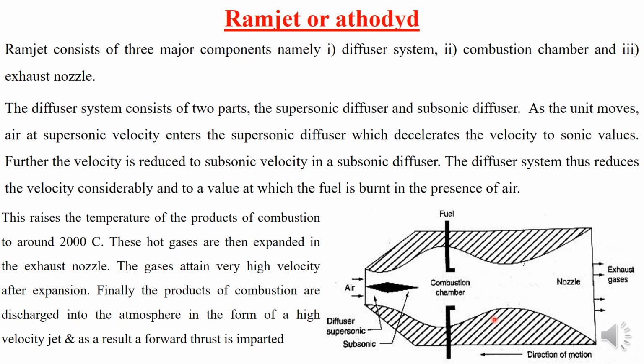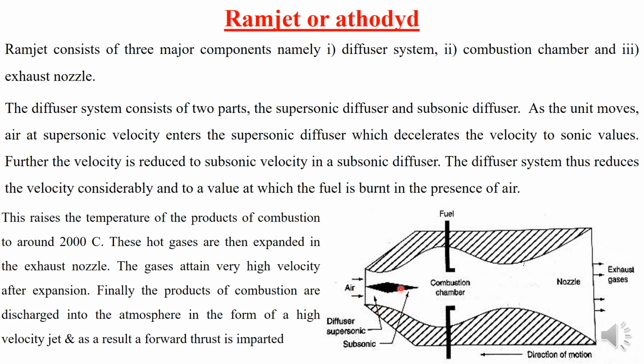This diffuser has two regions of velocities: one is the supersonic diffuser and the other is the subsonic diffuser. As the unit moves, air at supersonic velocity first enters the supersonic diffuser, where it is decelerated because of the shape, down to sonic velocity.